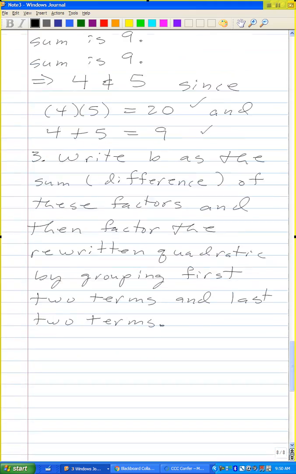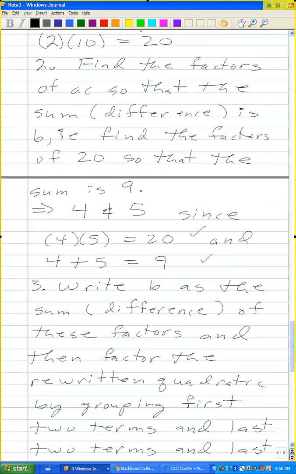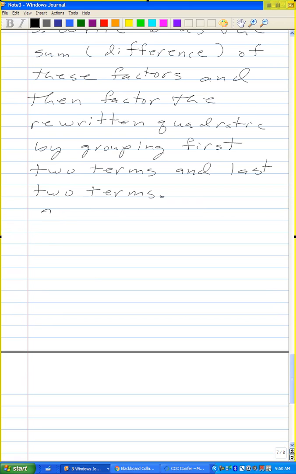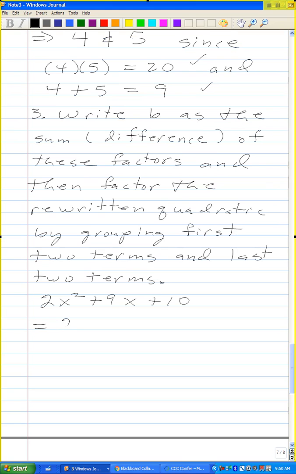So our original equation, 2x squared plus 9x plus 10. So let's write that down. 2x squared plus 9x plus 10. And so it says to write this as follows. I'll write 9 as 4 plus 5. Okay? And so I've rewritten this as this middle term, 9, is 4 plus 5.